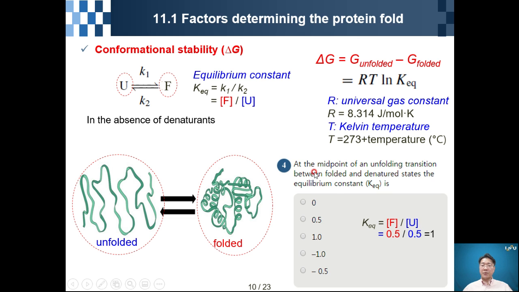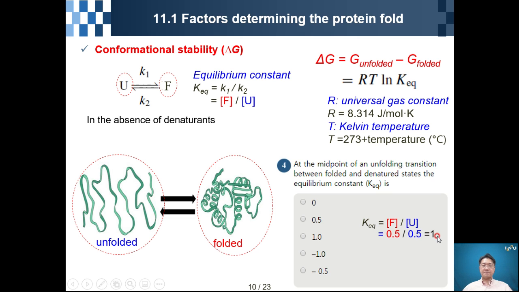Because the reaction is at the middle point, the concentration of folded protein is 0.5, and the concentration of unfolded protein is also 0.5. So KEQ will be 1.